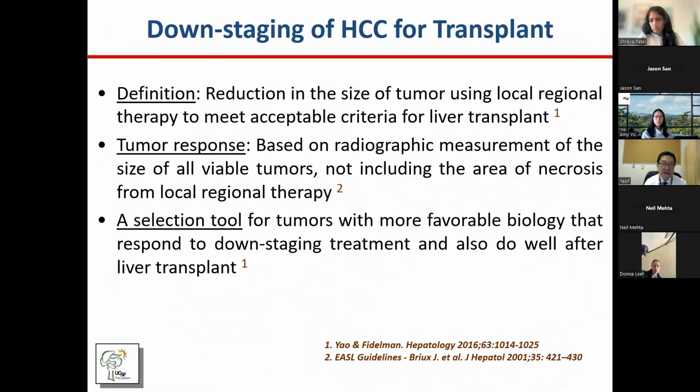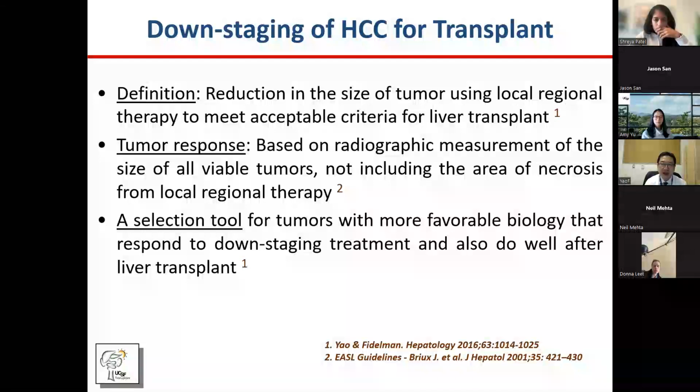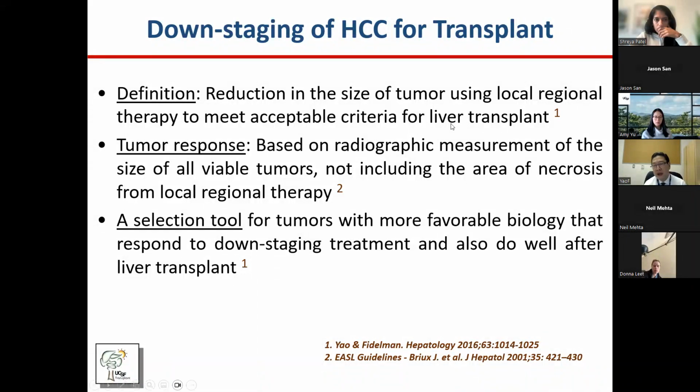Now, downstaging, combining expanded criteria with response to local regional therapy, is defined as reduction in the size of tumor using local regional therapy to meet acceptable criteria for transplant. And tumor response should be based on radiographic measurement of the size of all viable tumors, and we don't count the area of necrosis from local regional therapy.